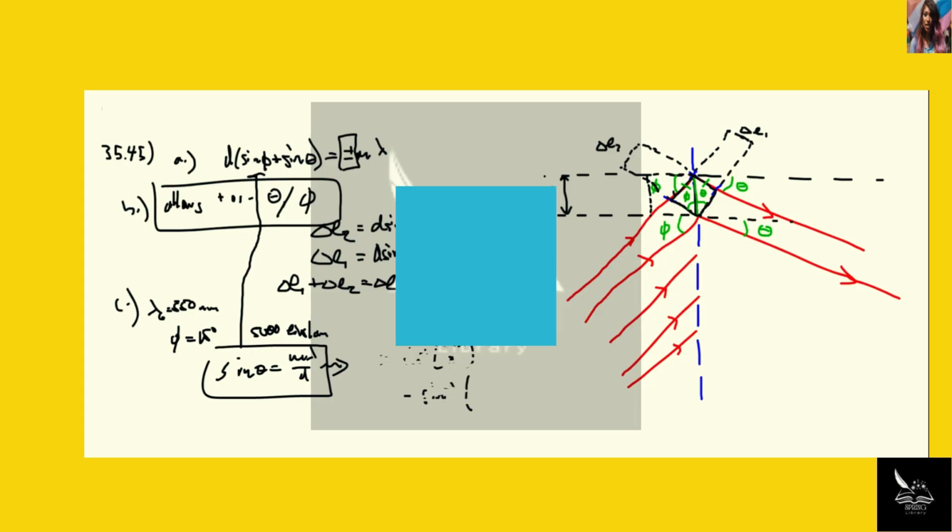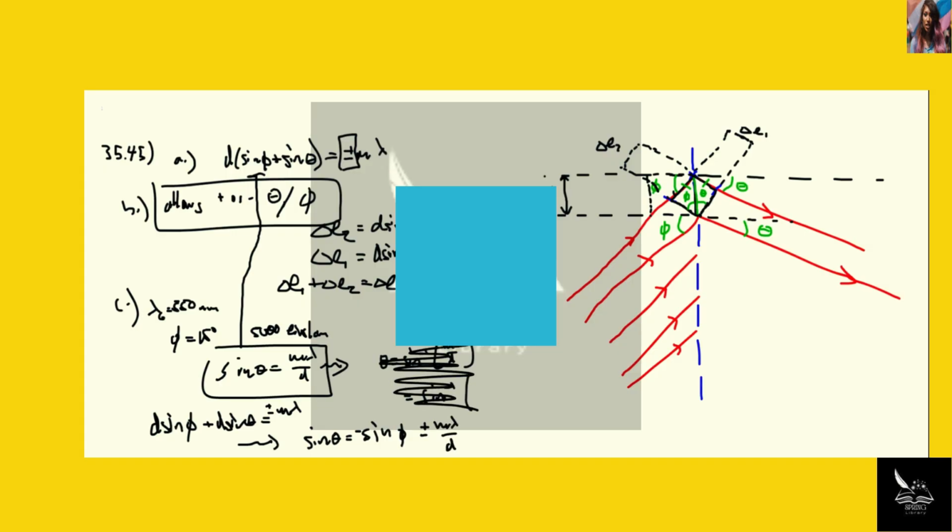Now we have d sine phi plus d sine theta equals plus or minus m lambda. From this, we can figure out sine theta is negative sine phi plus or minus m lambda over d.